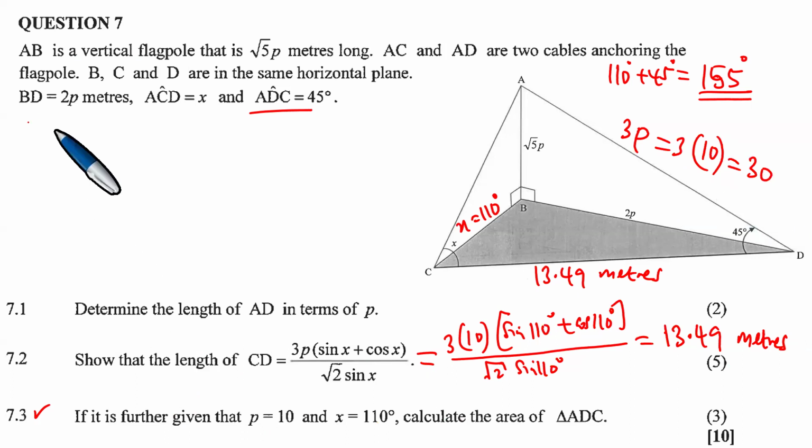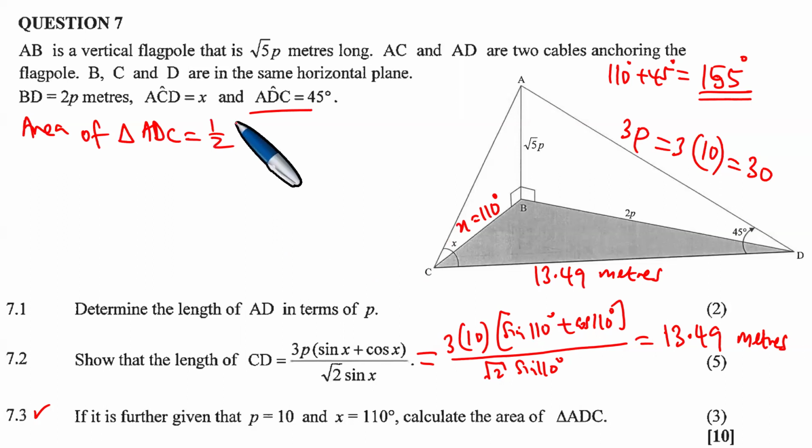So that now the area of triangle ADC is half AD, CD, the sine of 45 degrees. That is the area. So the area of triangle ADC is half AD, CD, the sine of 45.